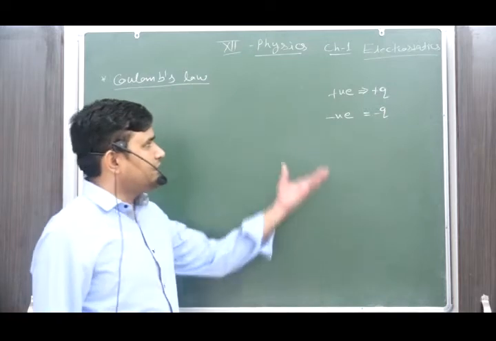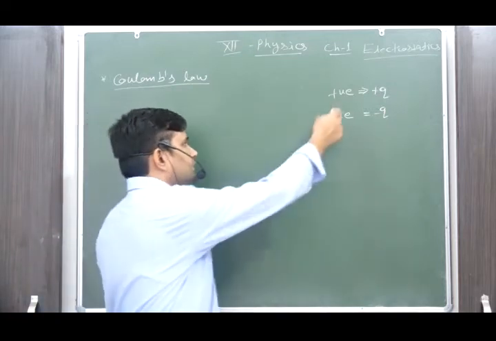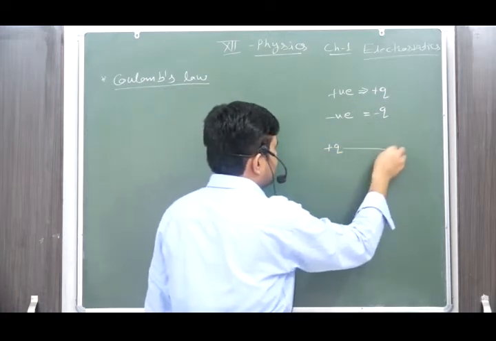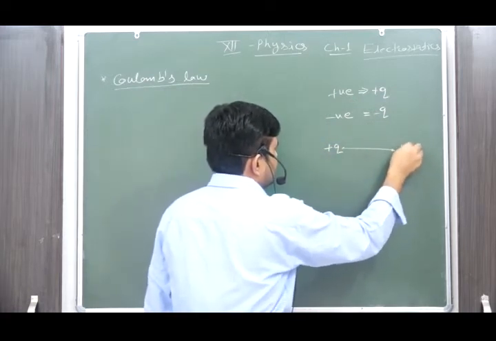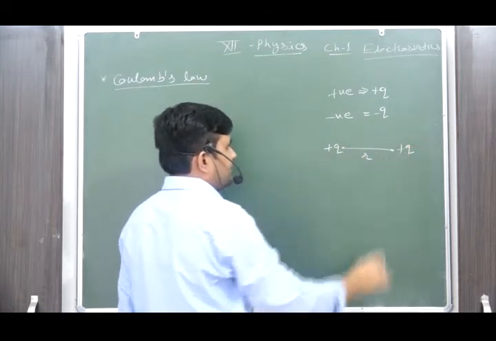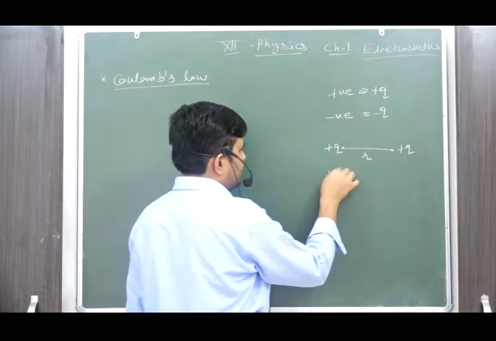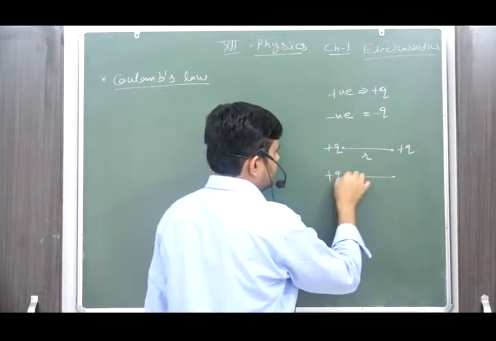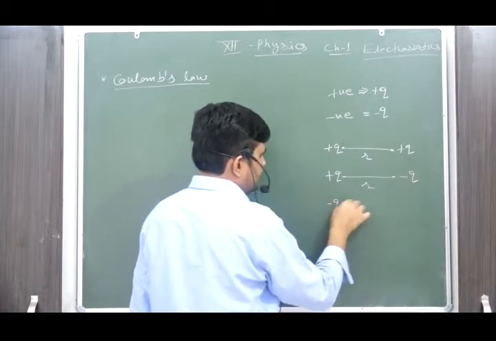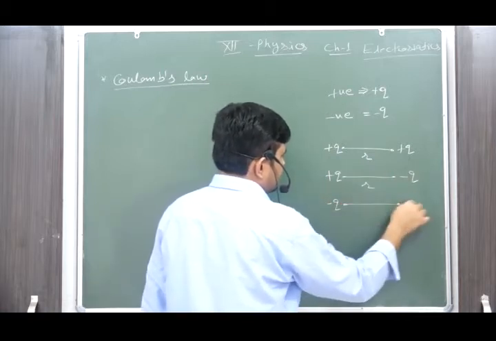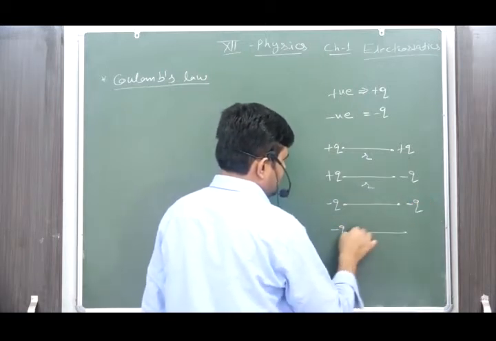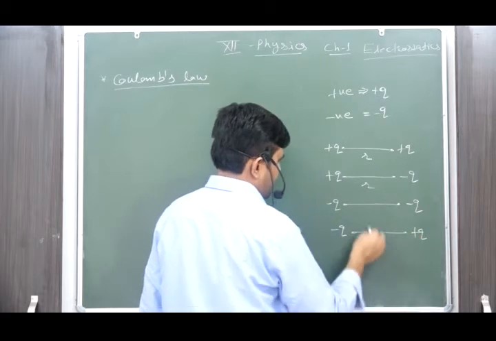There are four possible combinations for this arrangement. This plus q is put at a particular distance r, separated from plus q. Here it is plus q, the distance r, minus q. Then minus q, minus q. Then minus q, plus q.